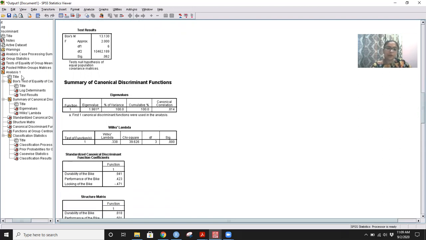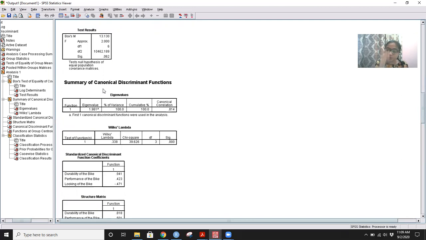Okay, so coming on to summary of canonical discriminant functions. Here, eigenvalue means that the larger the eigenvalue, the more of the variance in the dependent variable is explained by that particular discriminant function. Keep it in mind that in discriminant function analysis, your output is going to give you discriminant functions.